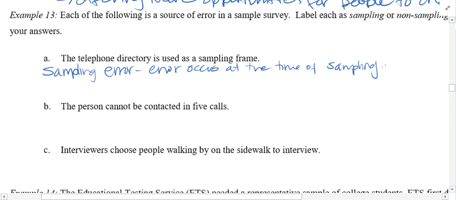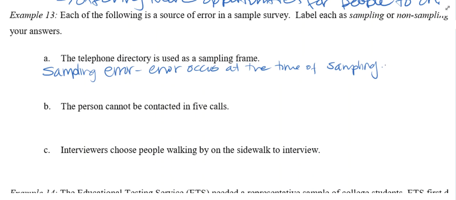Okay, so that's a type of error. What kind of problems are going to occur with this? If you're using a telephone directory to get your sampling list, your sampling frame, what type of errors do we think that would occur with this? Are people going to be left off this list?